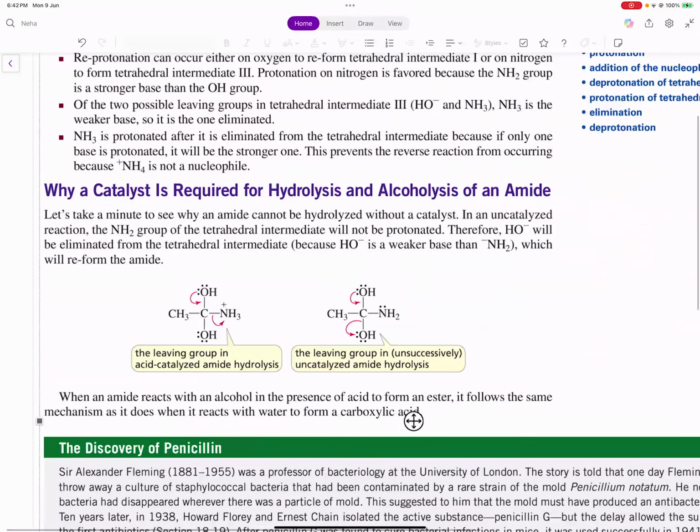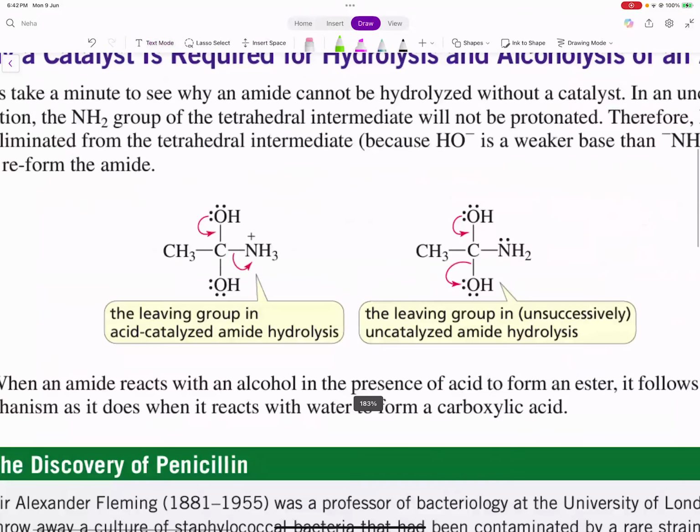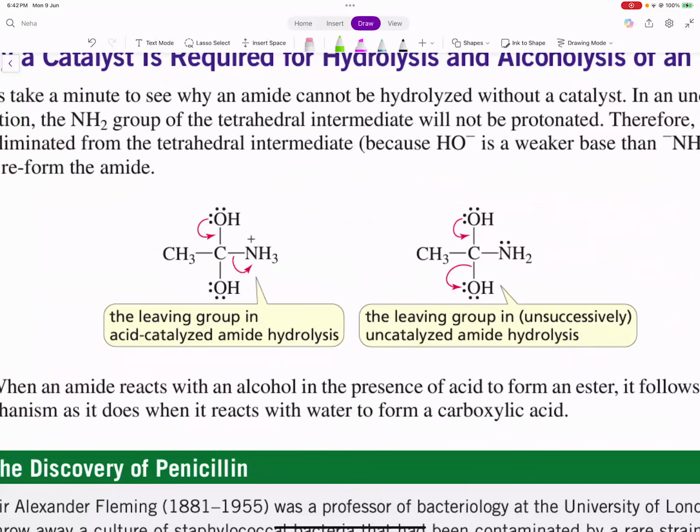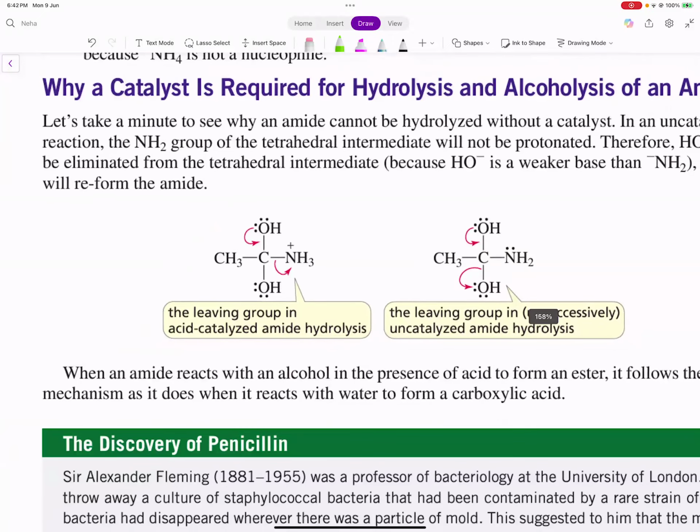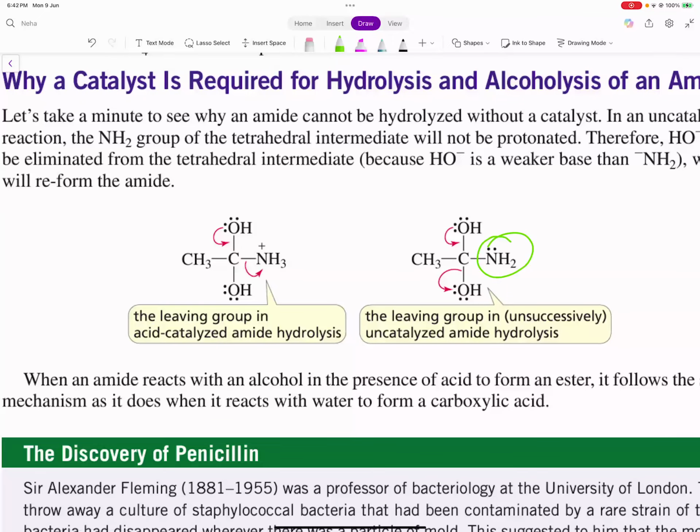Obviously, a catalyst is needed because on the left side nitrogen has acquired a positive charge, so it is very eager to get out. Whereas on the right-hand side, NH2 is not at all eager, so it will kick out the OH only. This is a stronger base. Got it?